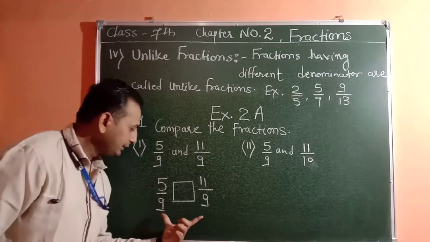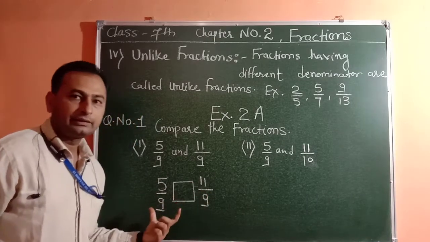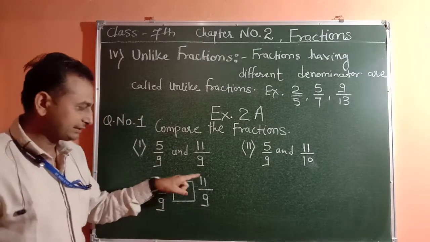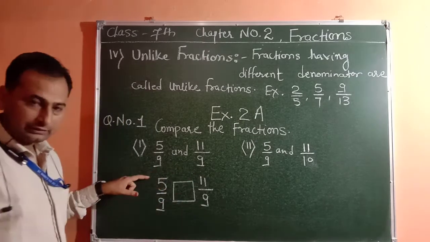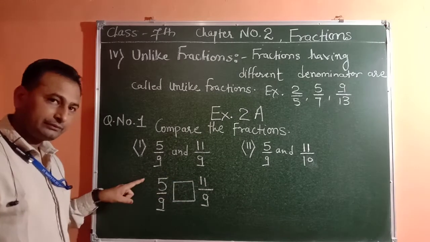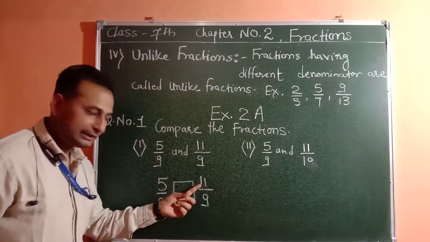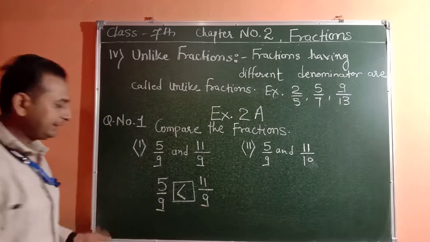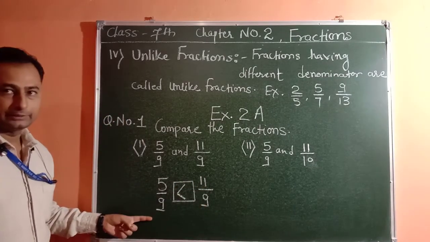Because these are like fractions, just check the numerators. Who is greater, 11 or 5? Obviously 11 is greater. It means 11 upon 9 is greater than 5 upon 9.